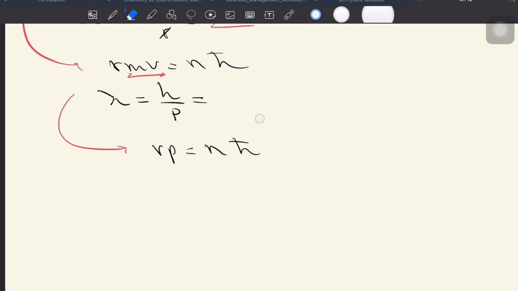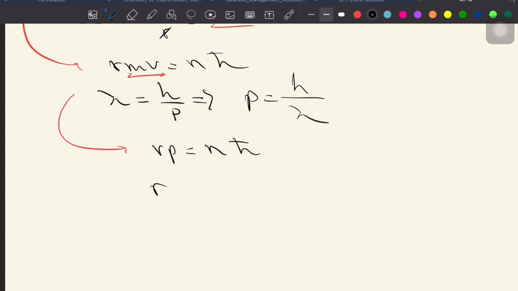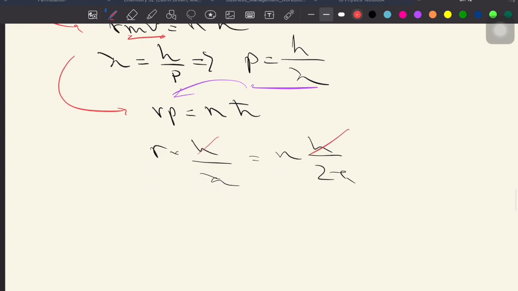And p, from de Broglie's hypothesis, is h over lambda, which can be substituted in this equation, and we'll be left with r times h over lambda is equal to n h over 2 pi. The h's cancel out.